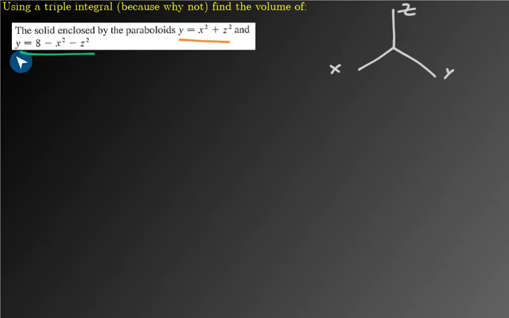This one is a y equals, this one's a y equals, so they're going kind of along this axis. The orange one just looks like that, and then the green one is going to be going the other way, like this.